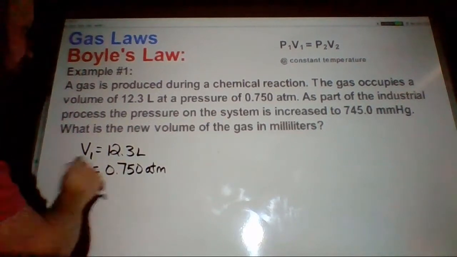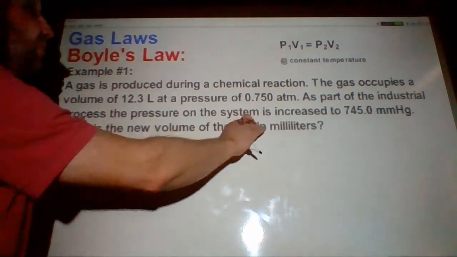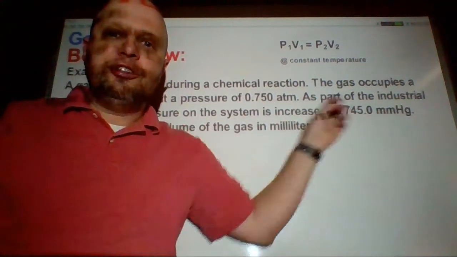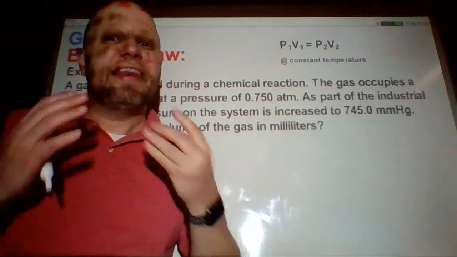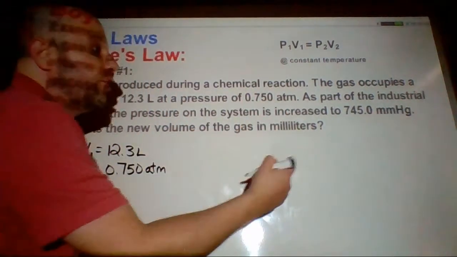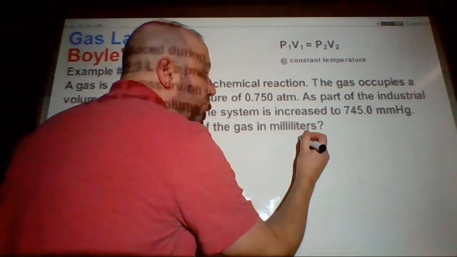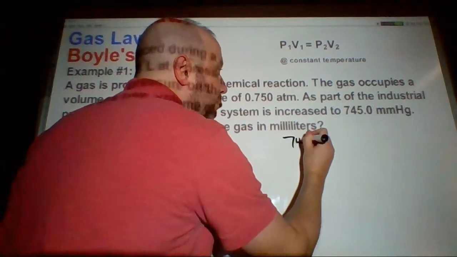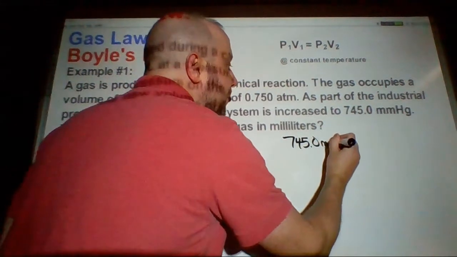As part of the industrial process, the pressure on the system is increased to, a trick, right? We have mmHg, here we have units of atm. They have to be in the same units. So what I'm going to do before I list it over there is convert this unit. So I have 745.0 mmHg.